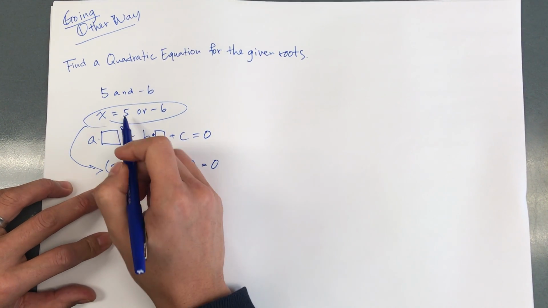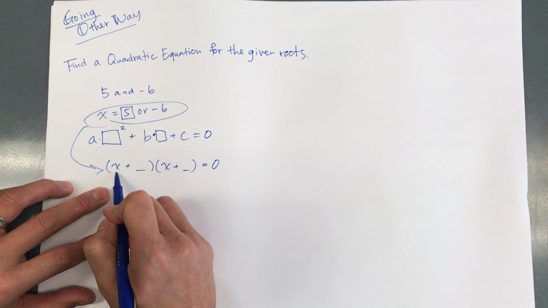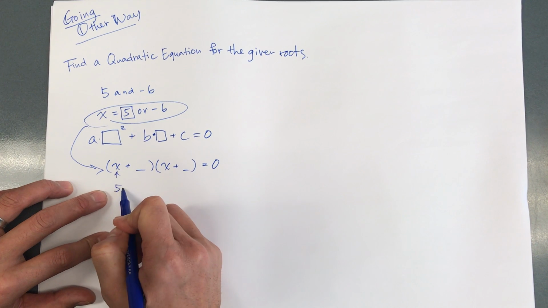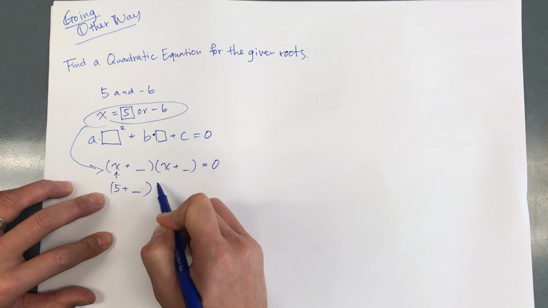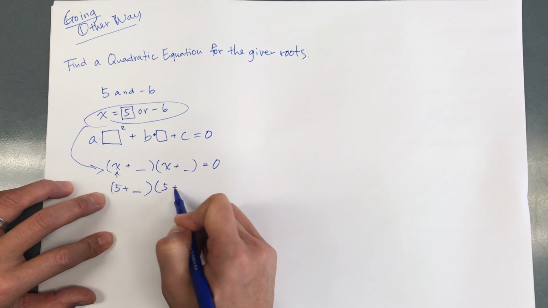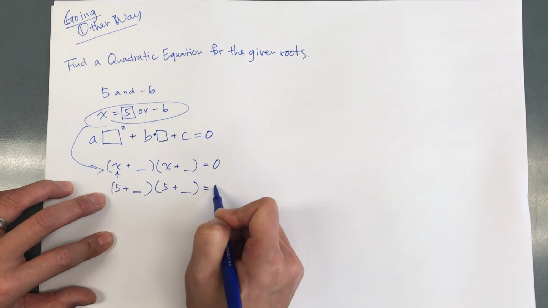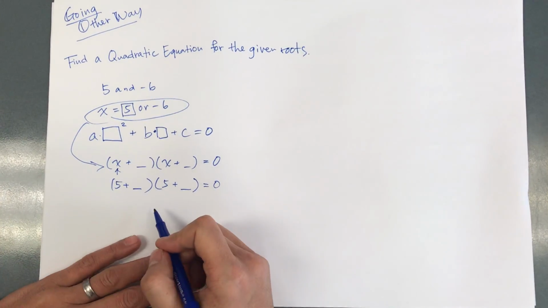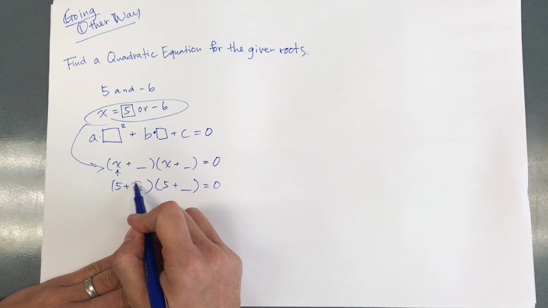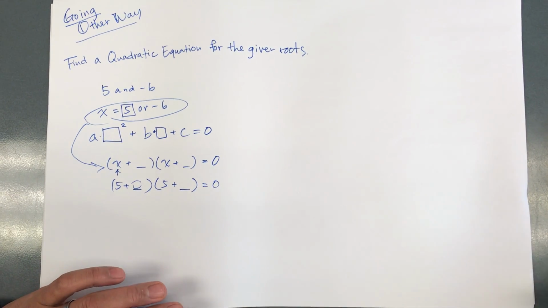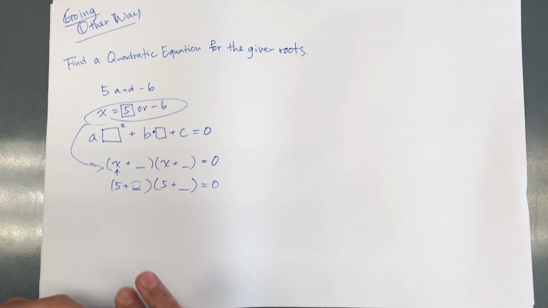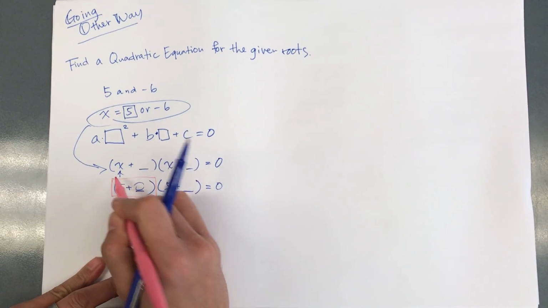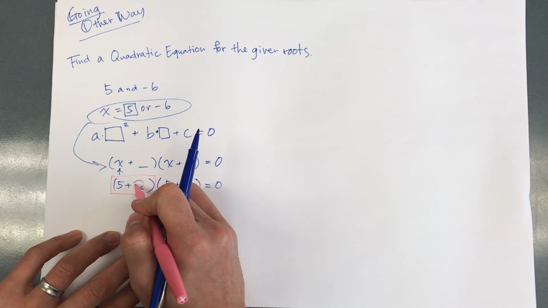So let's start out with just 5, right? If x is 5 plus something, and 5 plus another thing is going to be equal to 0. So what can you plug in here to make it 0? Because you want this chunk to be 0. Well, it's only -5.